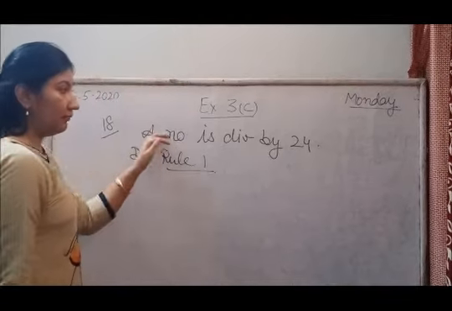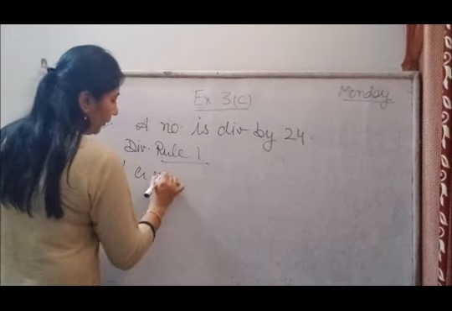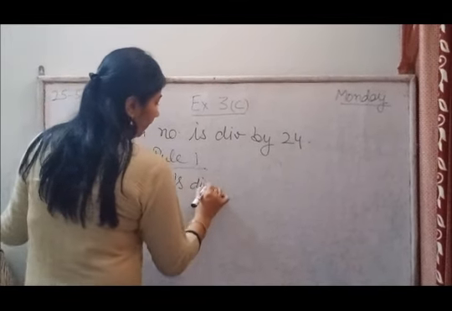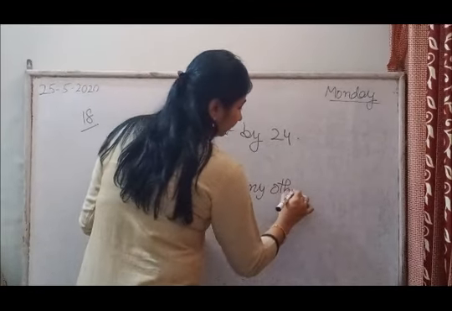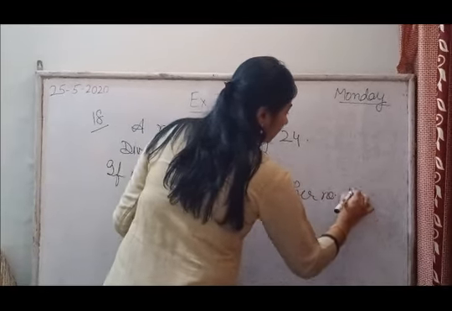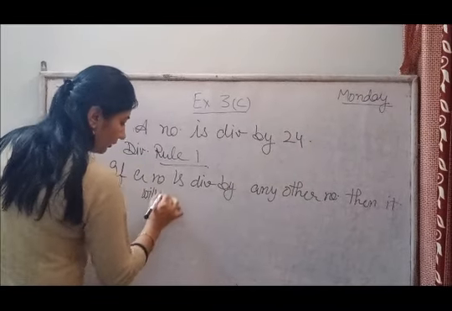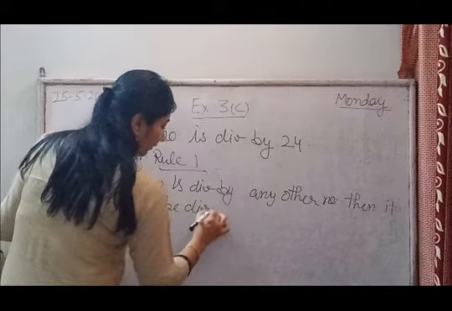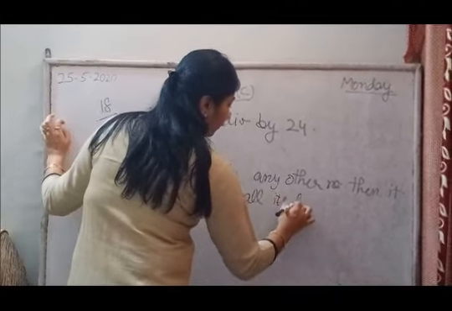If a number is divisible by any other number, then it will be divisible by all its factors.